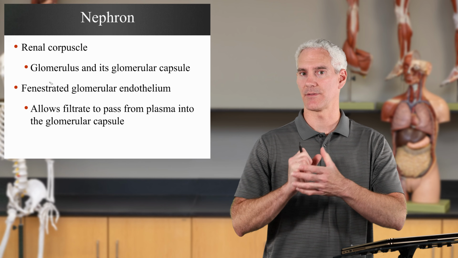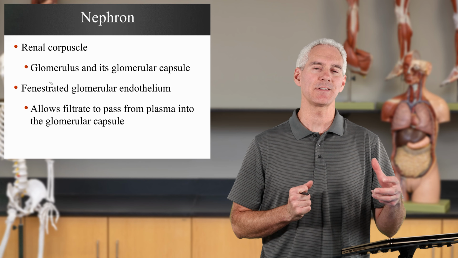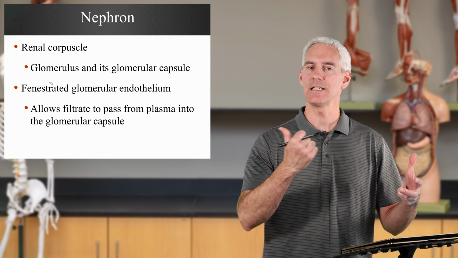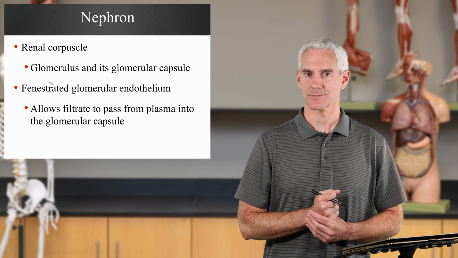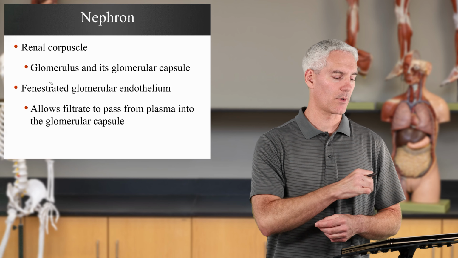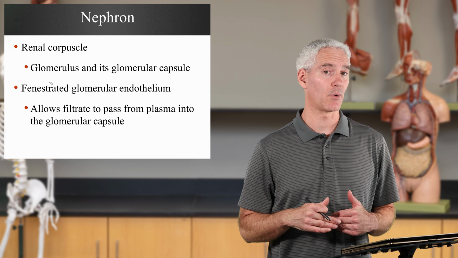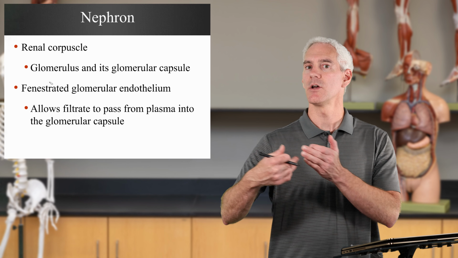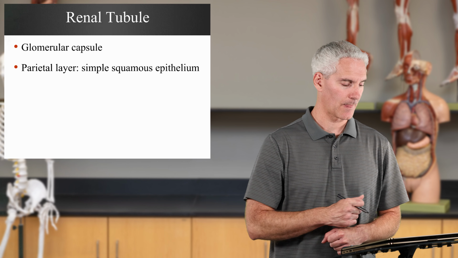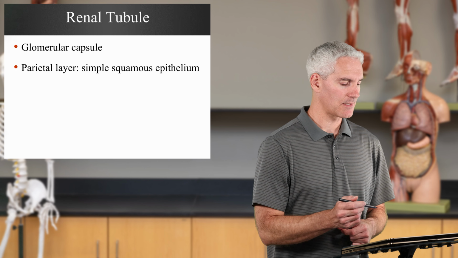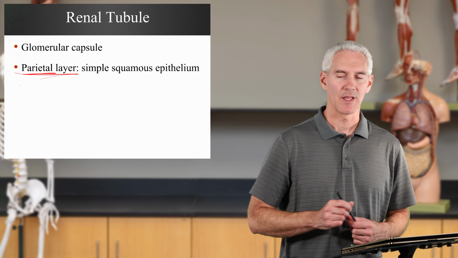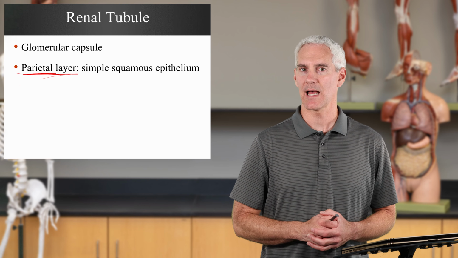So into that capsule there then. Because you have to get things out of the blood so they go into the renal tubes. So that's what we're looking at for this renal corpuscle, the starting point, how it leaves the blood, goes into the nephron. Now the glomerular capsule itself has a parietal layer that is simple squamous epithelium.